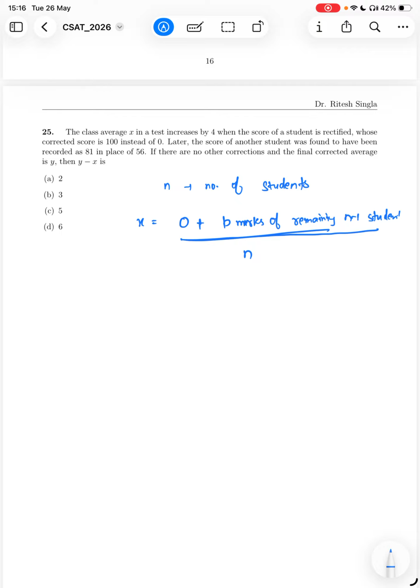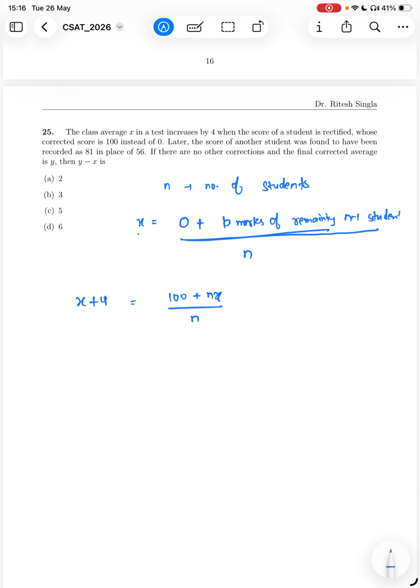You can also say that the n minus 1 students have in total nx marks. What it is saying is the mean increased by 4. So the earlier mean was x, the new mean is x plus 4. So x plus 4 is equal to how much? It is 100 plus nx upon n.